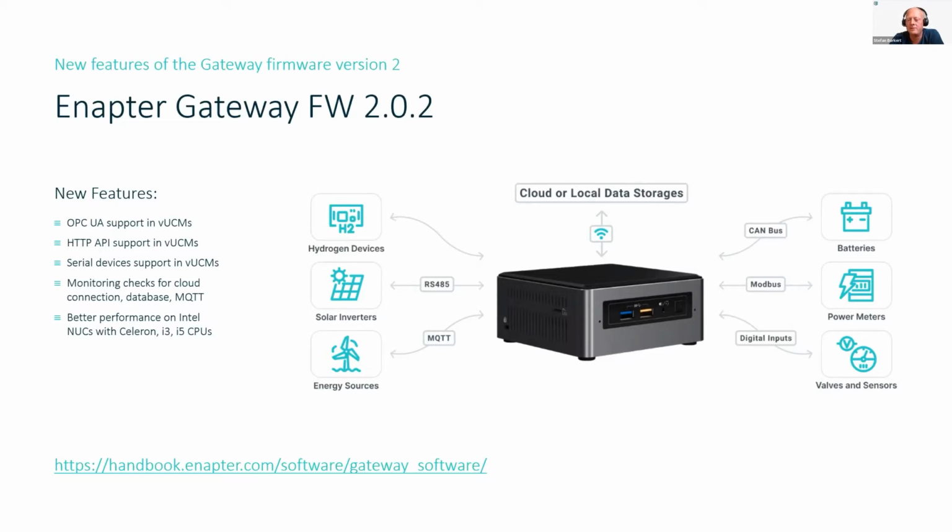So there's OPC UA, for example, there is HTTP APIs, or there's even serial devices that you can translate from the integrated USB ports in such a hardware here, and then you translate the serial interface and can develop some special applications on that. Additionally, there are changes in the monitoring, in MQTT communication in the database, and so on.